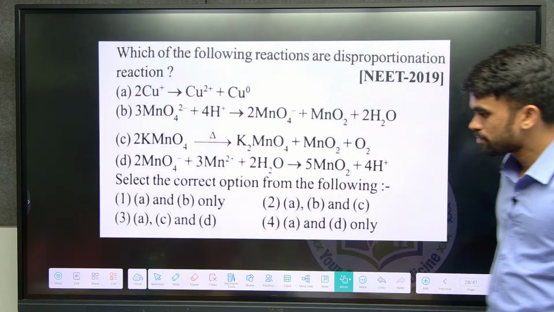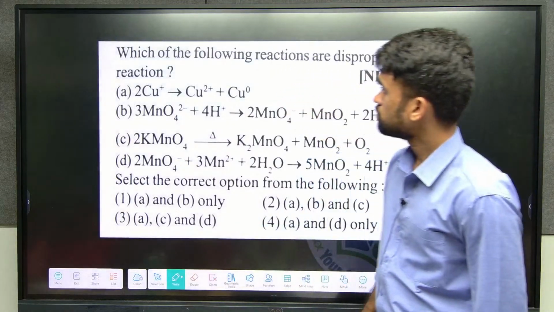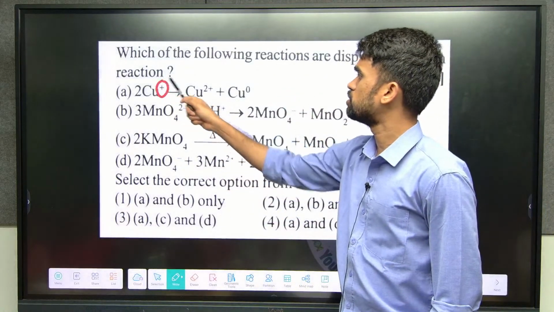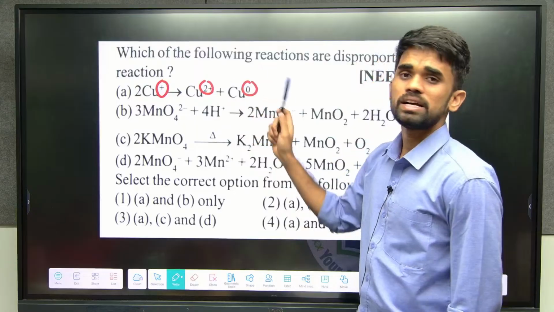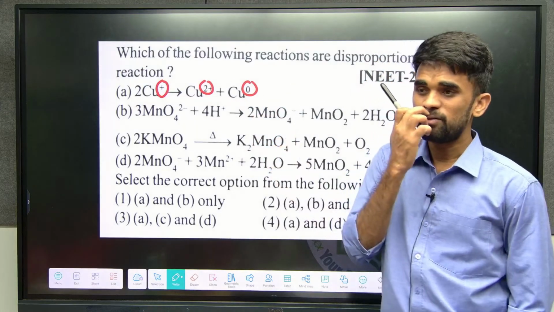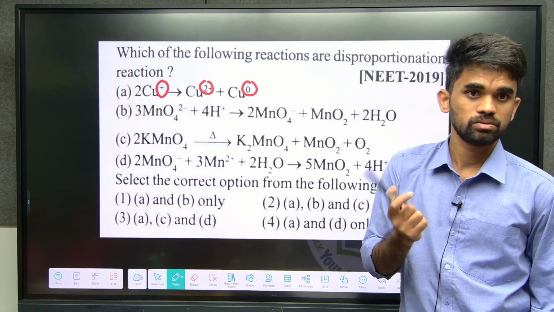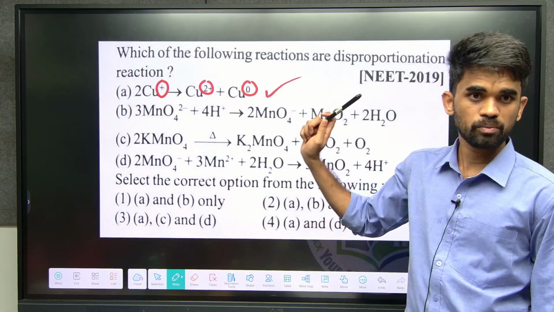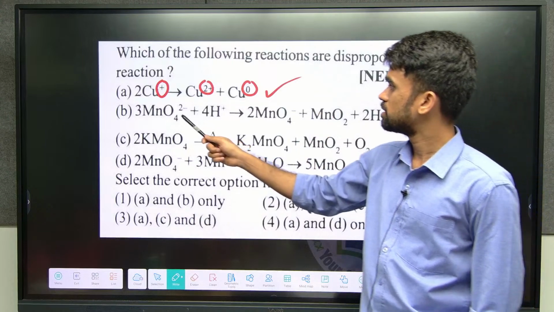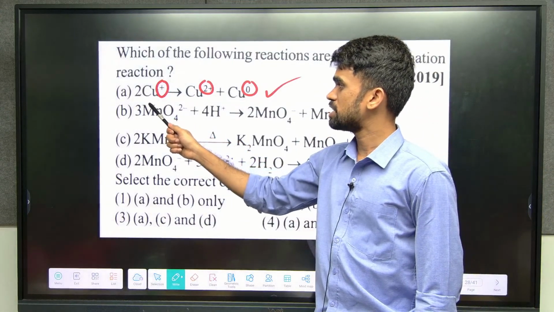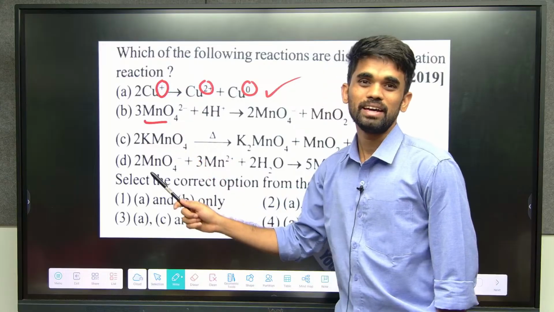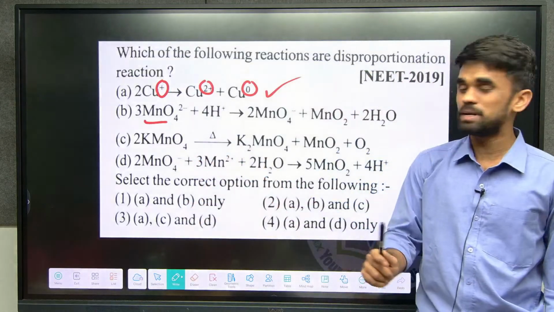Yes, tell me. See, plus 1 is converting into plus 2 and 0. So what is this? Once again, define disproportionation. What is the oxidation state? MnO4, don't say plus 7.